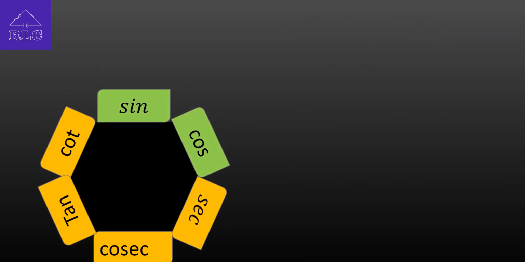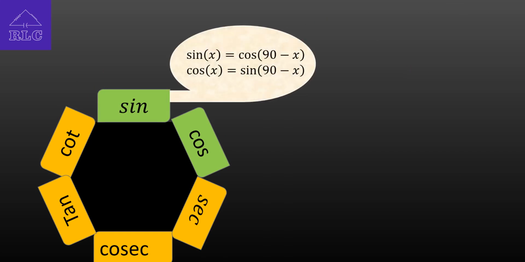Sine and cos can be related as sin x can also be written as cos 90 minus x. Similarly, cos x can also be written as sin 90 minus x. That means this belongs to the first quadrant, so all are positive. Clear? This rule is only valid for sine and cos.